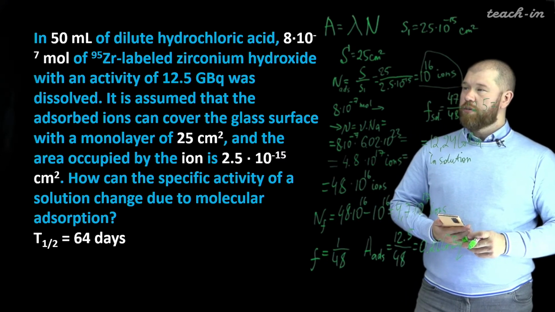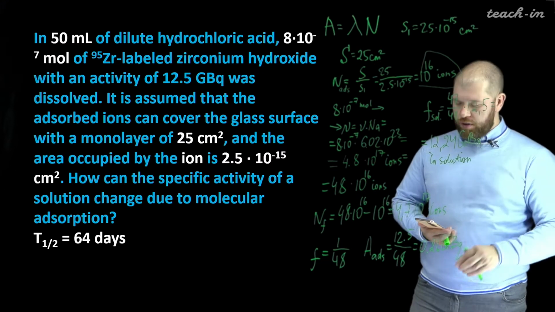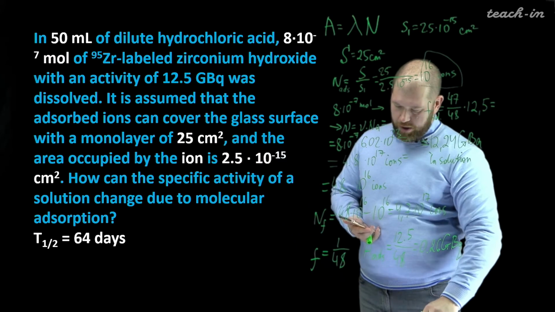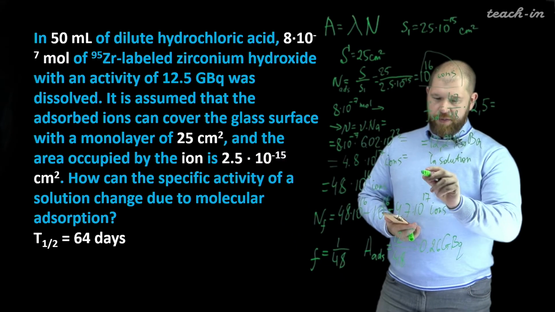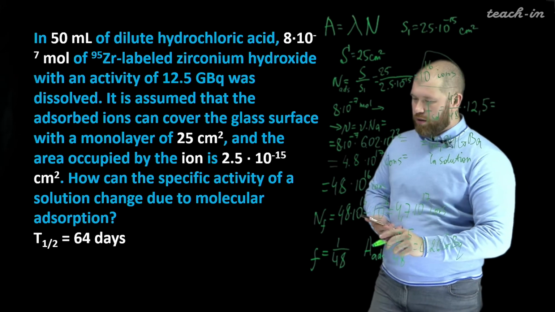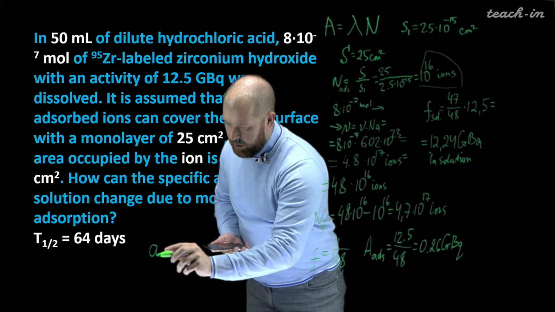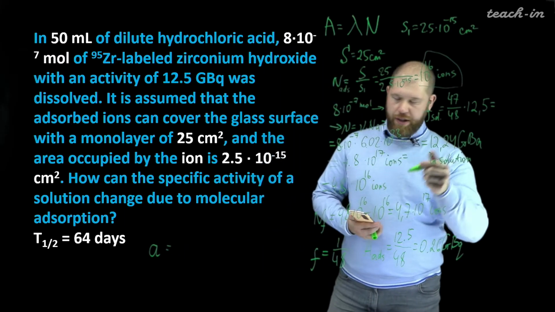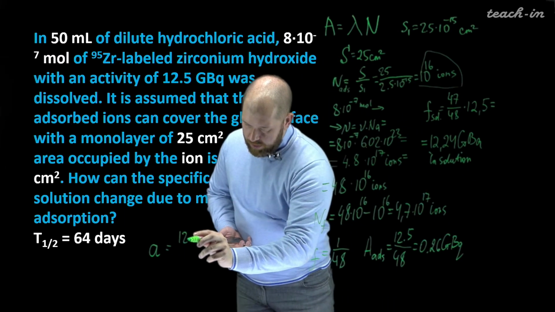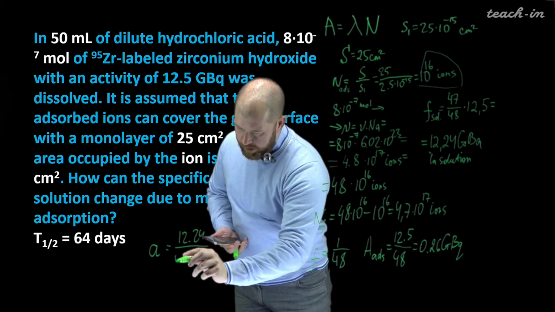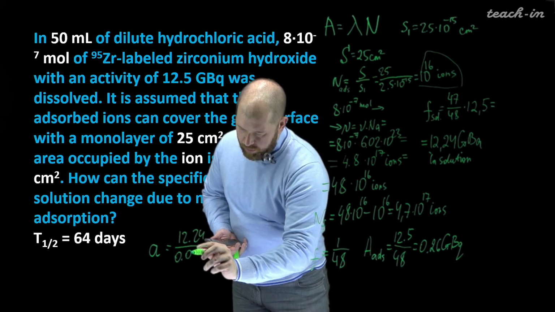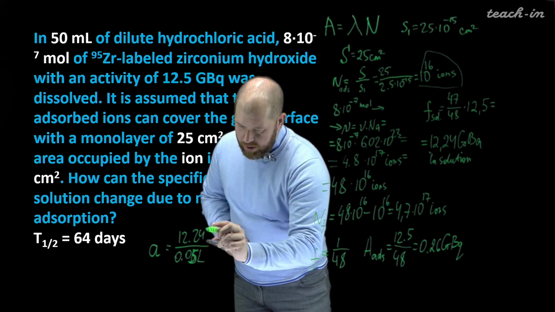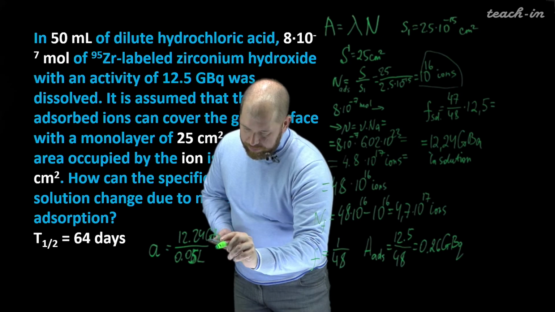The volume is 50 milliliters. And thus the specific activity, which we can write as a small a, will be our remaining activity divided by 0.05 liter, in gigabecquerel.